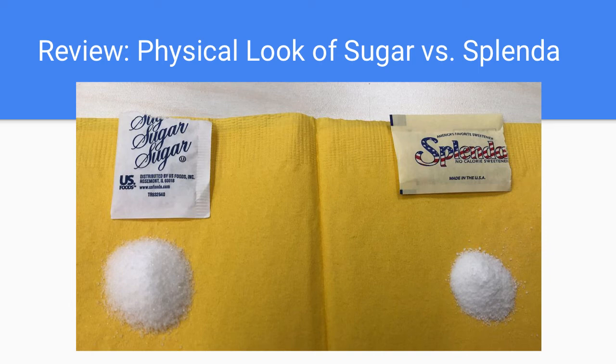So if you look carefully, you can see here the sugar, it's kind of more like grainy, like sand, whereas this is the Splenda and it's kind of more powdery, like powdered sugar. It's a little bit more white. Sugar is a little more translucent or clear. So again, you could use this information as your evidence and then explain it more in your reasoning.